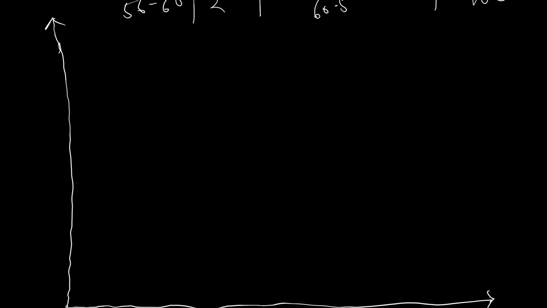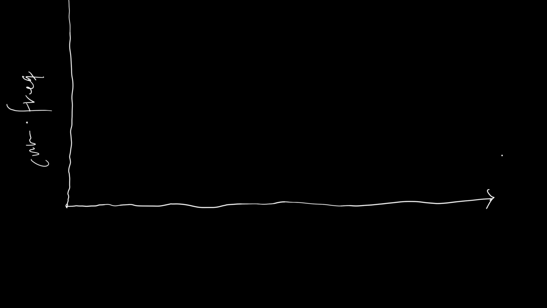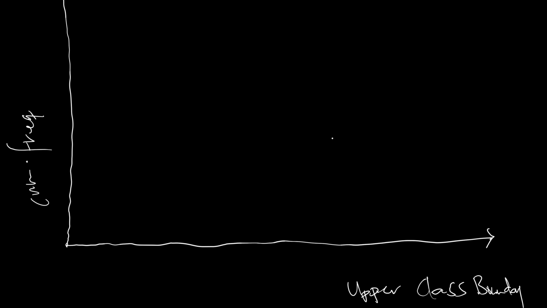Our y will be our cumulative frequency, and our x will be our upper class boundary. For our upper class boundary, we have 30.5. For every 2 centimeters, we have 5 units.